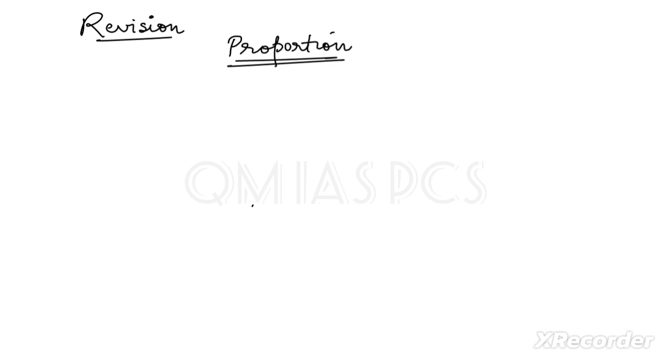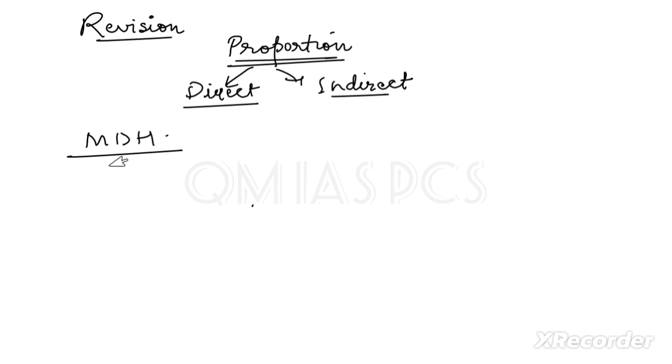This time and work topic is based on proportion, that is direct proportion or indirect proportion, both things. How is it related to both? We have understood one formula: M D H divided by W multiplied by R should be constant.